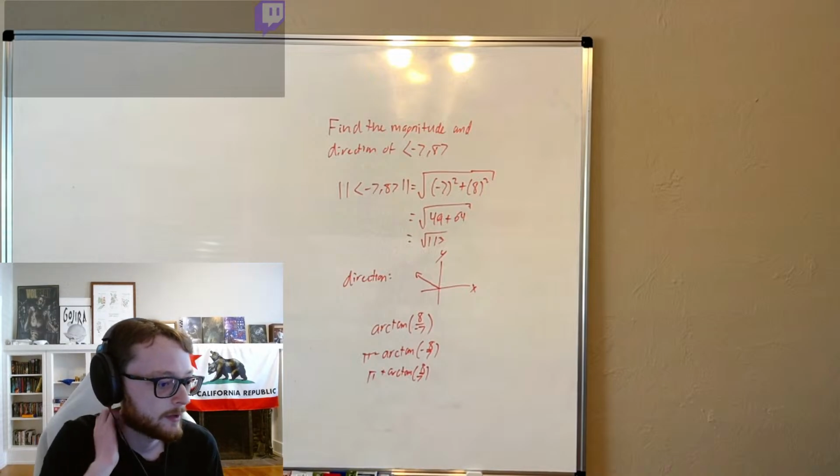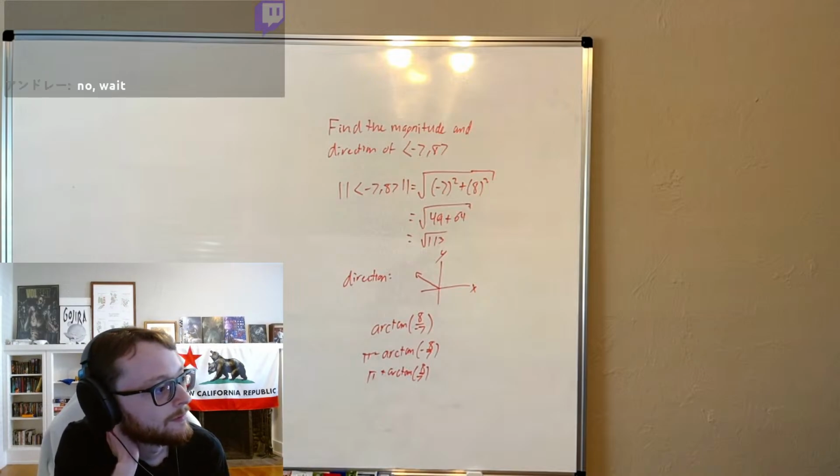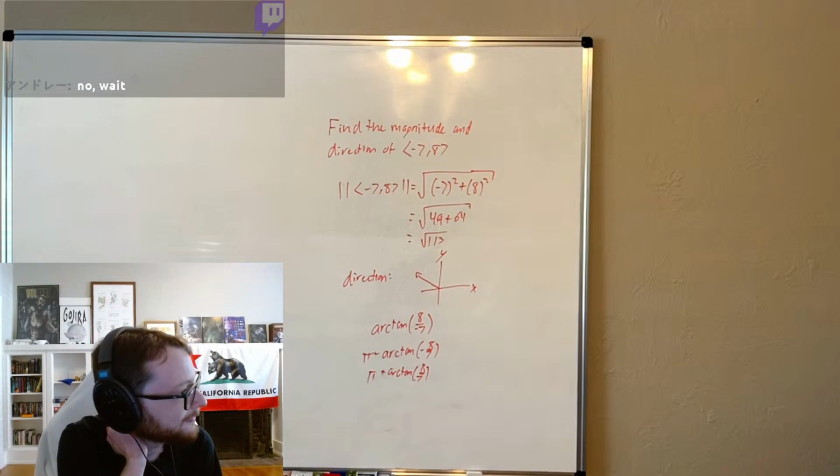So Jeffrey, I haven't seen you type anything else in chat, so if you're not here, it's all good. But at least that's how I do that question. No, wait. Oh god, see, this is what I was nervous about, forgetting. Why are reference angles so annoying? The angle you wrote is in the third quadrant? Really?